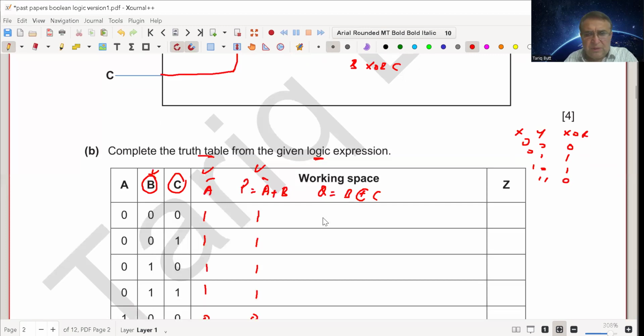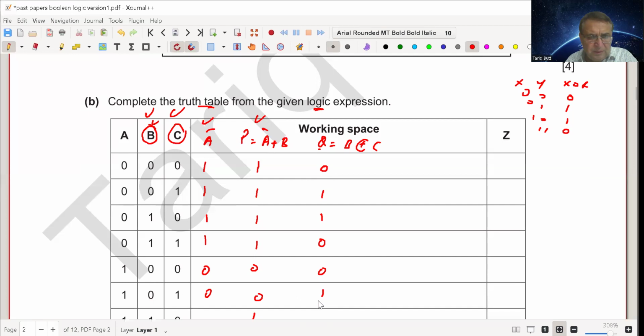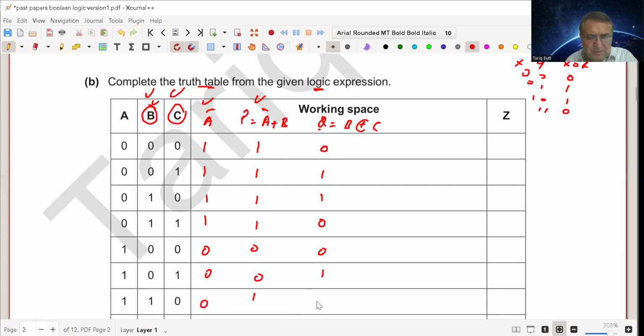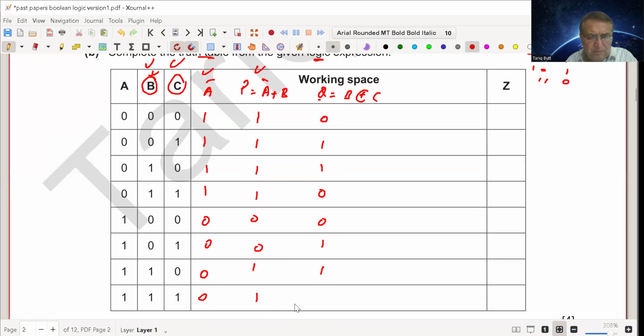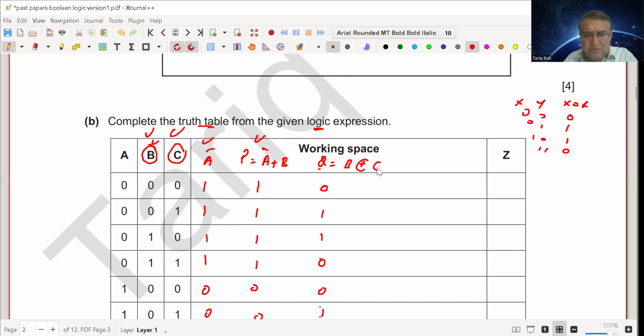So 0 XOR 0 is 0; different, 1; different, 1; same, 0; same, 0; different, 1; different, 1; same, 0. So you have made the column for Q, which is B exclusive OR C.